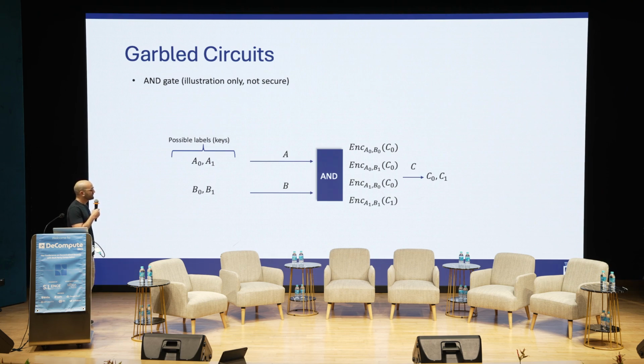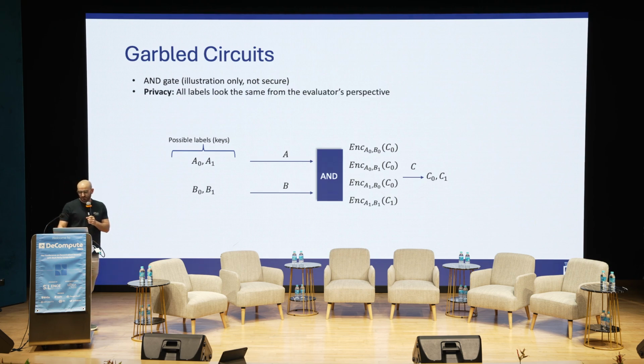So we will encrypt C0 using the key combinations A0 B0, A0 B1, and A1 B0. These are the first three rows in the table there. And finally, we'll encrypt C1 using the combination of A1 B1.